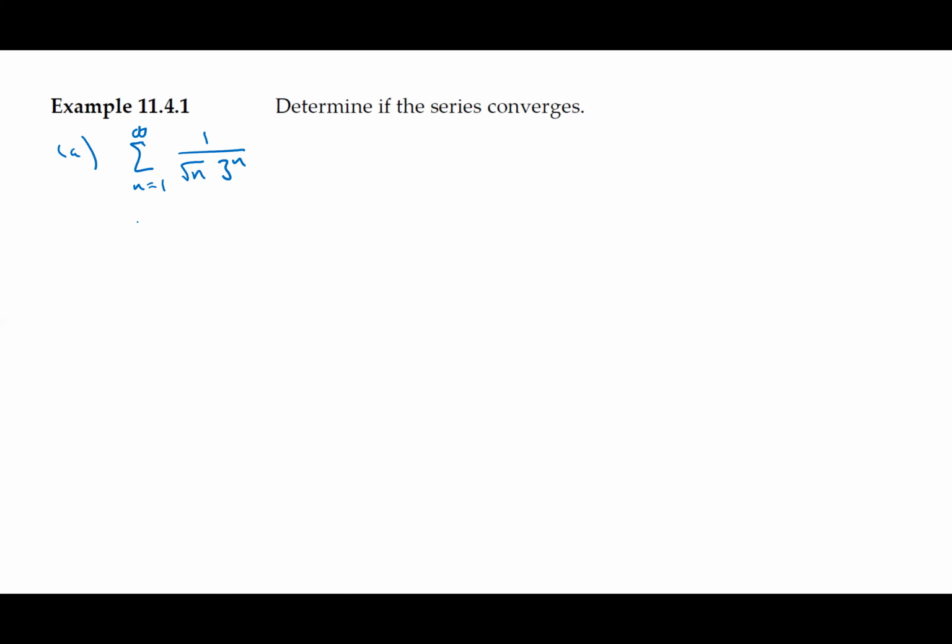Well, for n greater than or equal to 1, 1 over square root of n times 3 to the n is going to be less than 1 over 3 to the n, right? Because those square root of n's are all larger than 1. So this denominator is going to be greater than that denominator? Well, greater denominator, smaller quotient, okay?